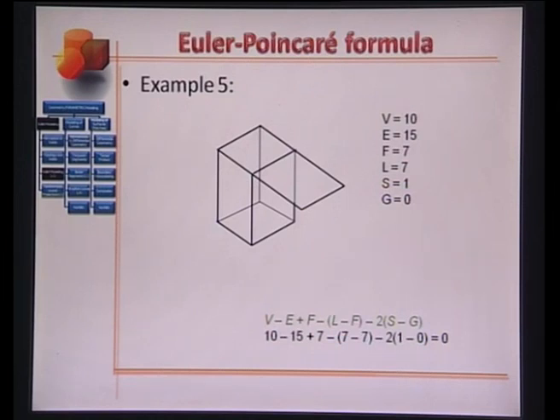This refers to the converse, that even if Euler-Poincaré formula is satisfied, the polyhedral solid need not be a valid solid. In this case, we see one face is dangling.